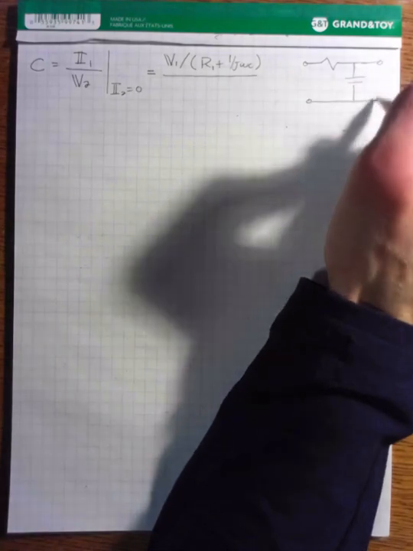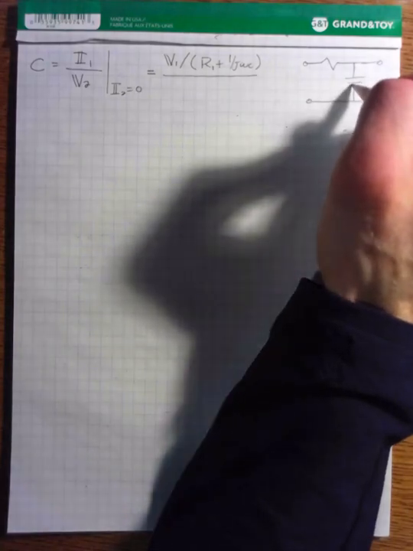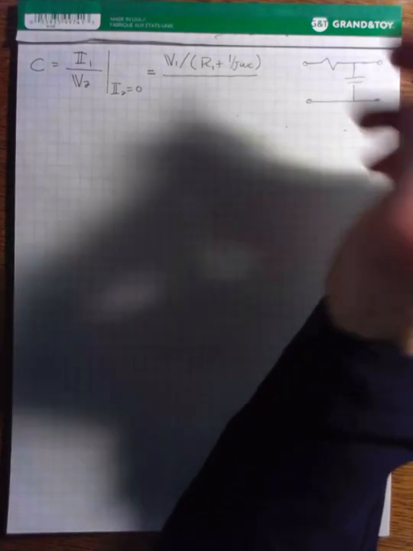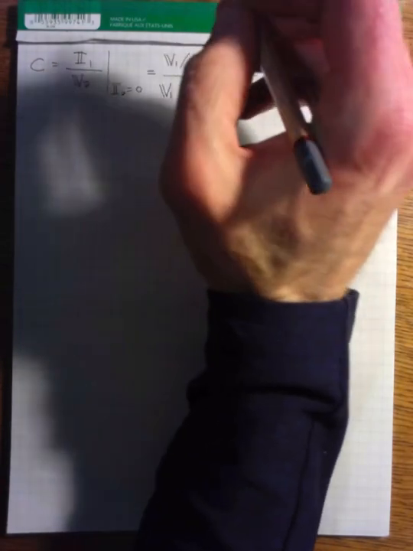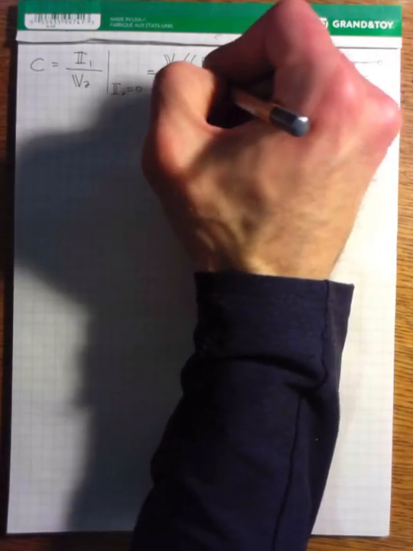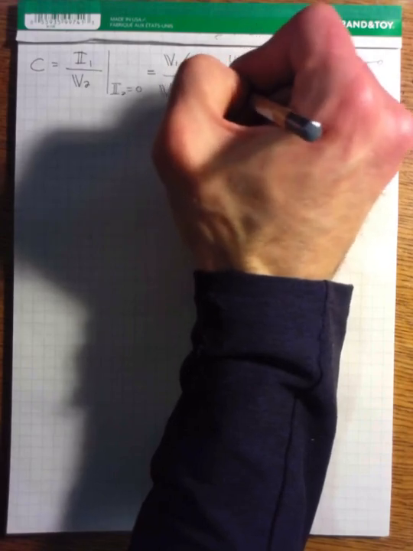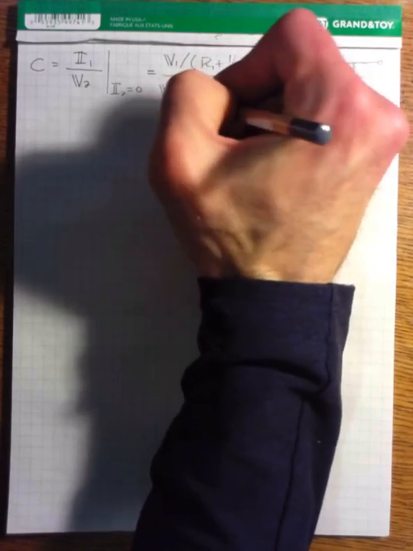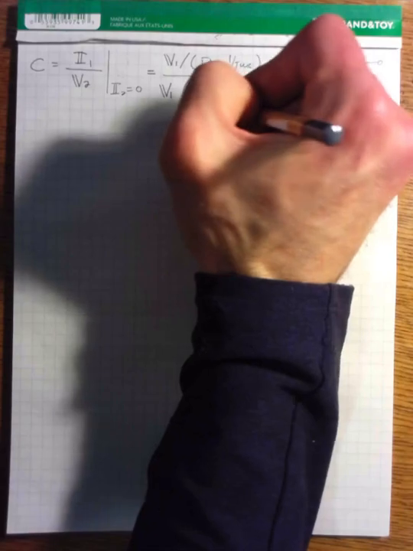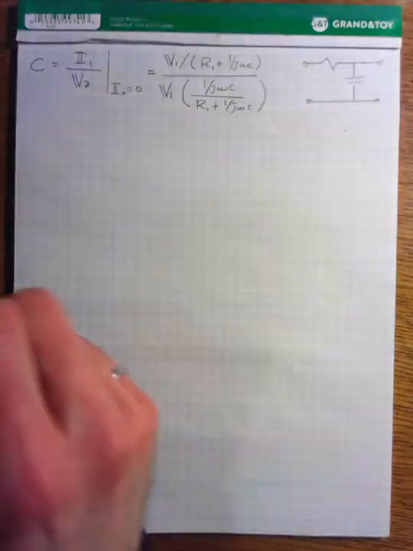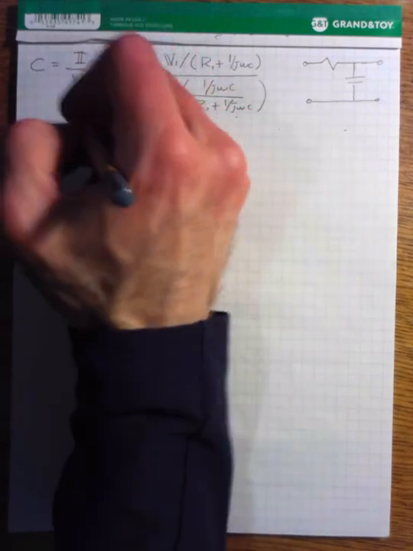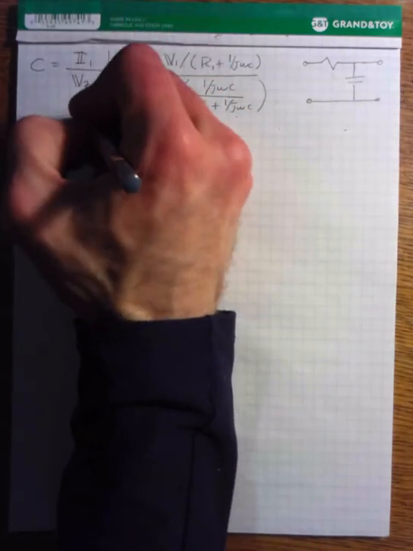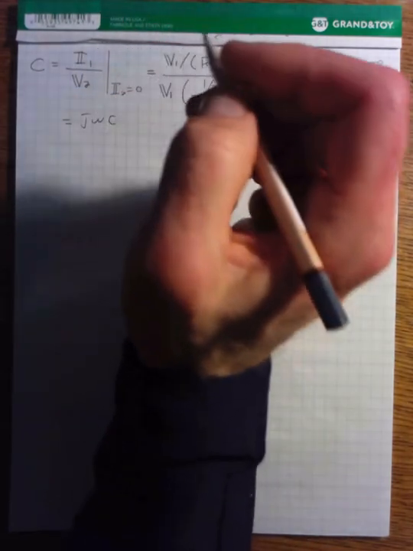The voltage across V2 is just V1 times the voltage divider rule: 1 over j omega C over R1 plus 1 over j omega C. These will cancel, things will flip over, and this ends up just being equal to j omega C.